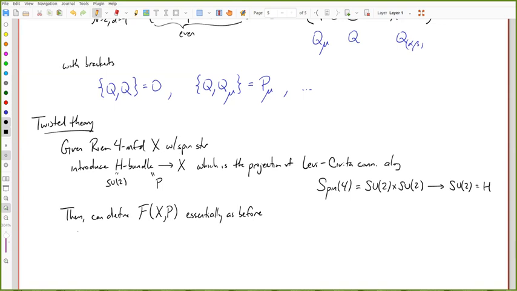And now the payoff, the cool thing that happens here that wouldn't happen if we didn't do this funny coupling to an H bundle: we define f of X, P, and we also define a function S. So if I call this just f, we also have the action function as before. Is that this field space now has an odd symmetry.